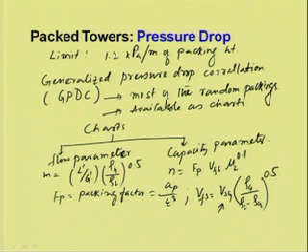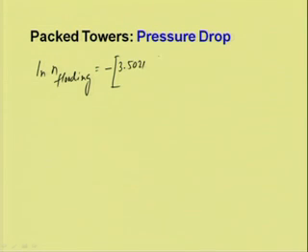The capacity factor can be calculated at flooding conditions from the following correlation: ln N flooding is equal to minus 3.5021 plus 1.028 ln M plus 0.11093 ln M square.